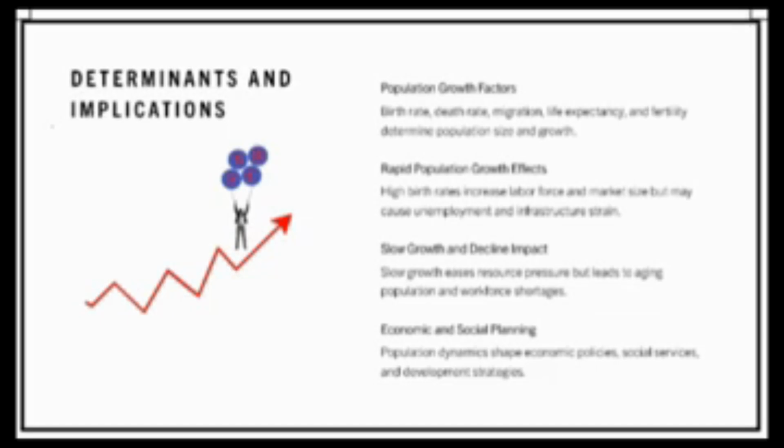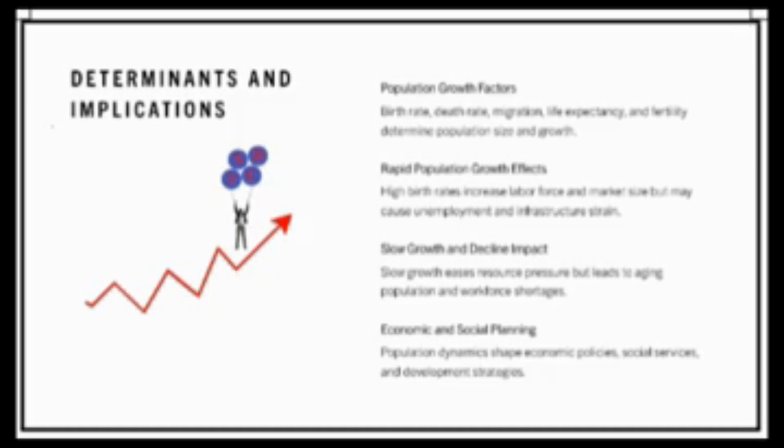The second one is death rate, which is the number of deaths per 1,000 people per year. Another notable factor is migration, that is the movement of people in and out of the country. Life expectancy, that is how long people can live, is another factor that determines population size. And the last factor here is fertility rate, which is the average number of children a woman has.